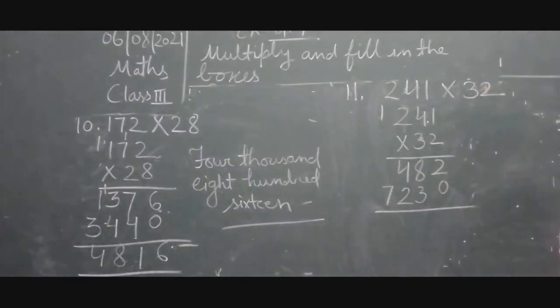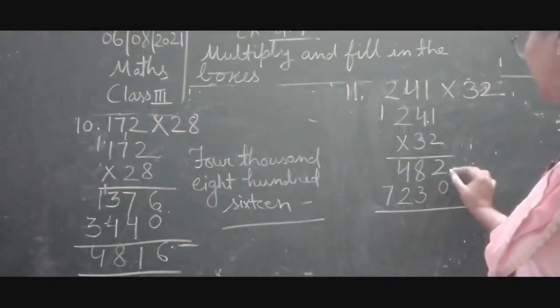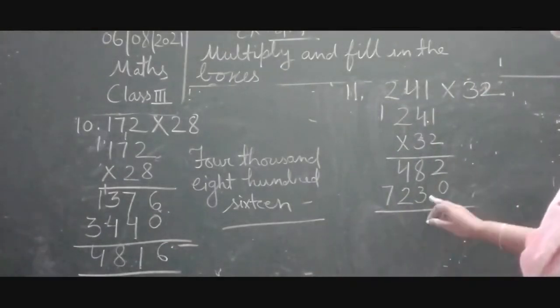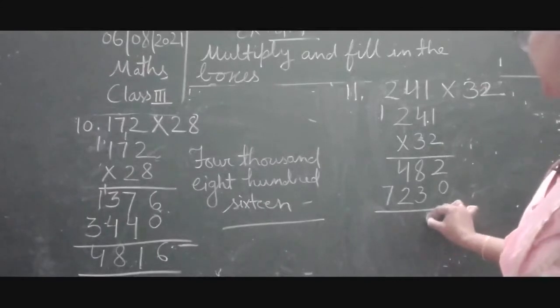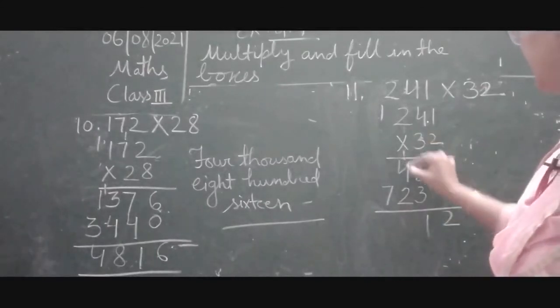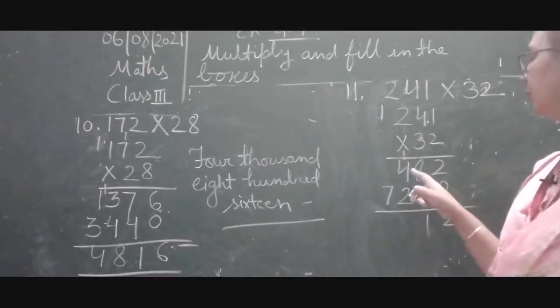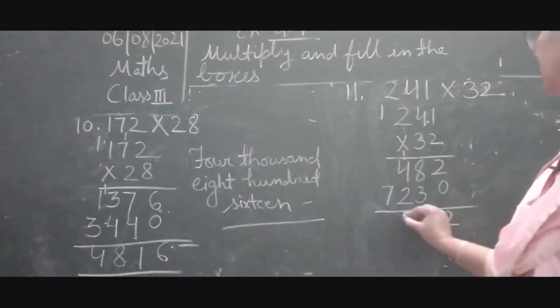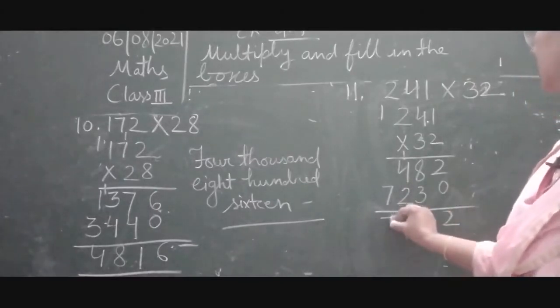So here, children, you can see 0 and 2 we will write 2, 8 and 3, this is 11, 1 will be carry over here, 4 and 2 is 6, and 1 is 7, and now here 7.